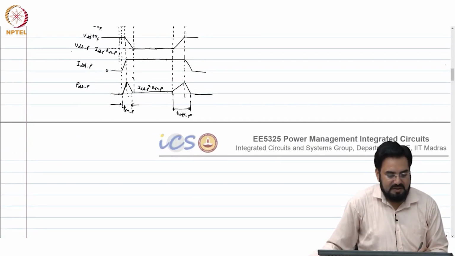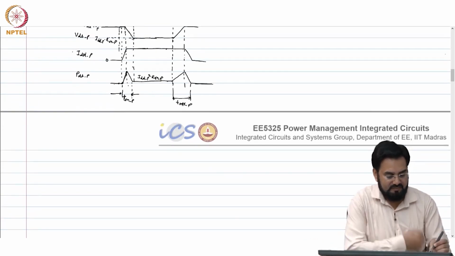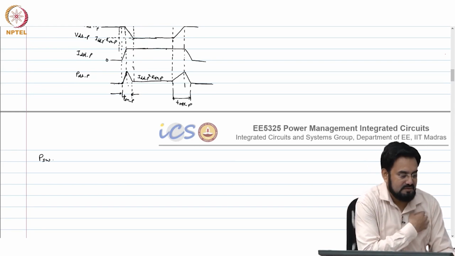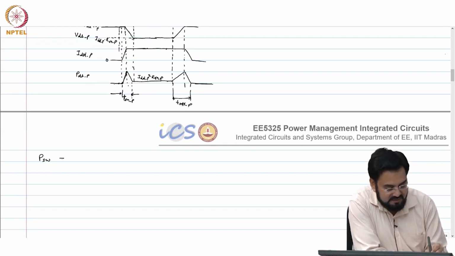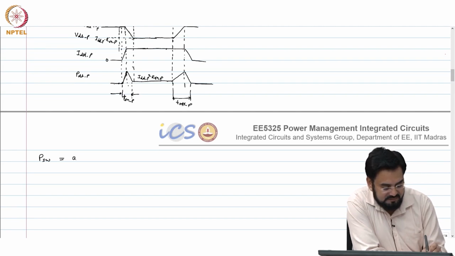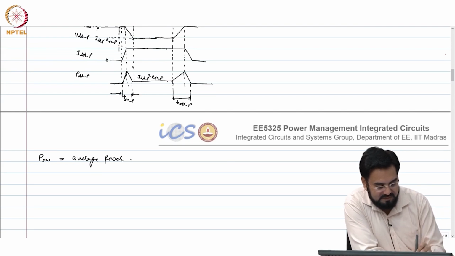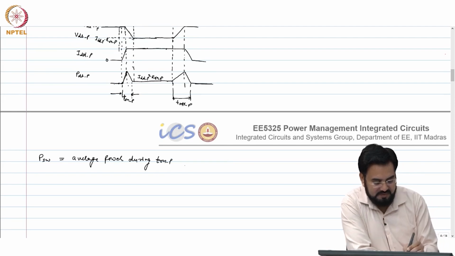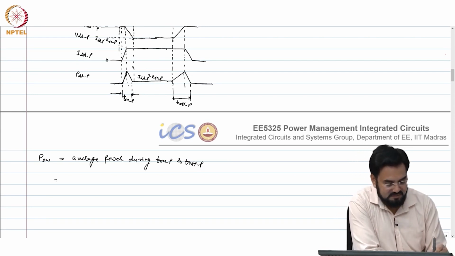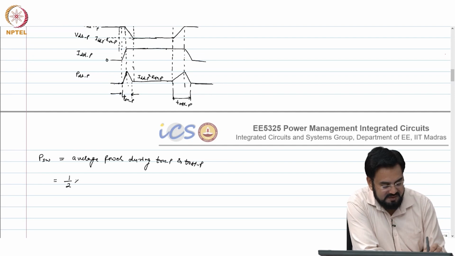So, what will be the total power? I am just calling PSW, which means switching power, is the average power during T on P and T off P, and this is simple, half base into height.